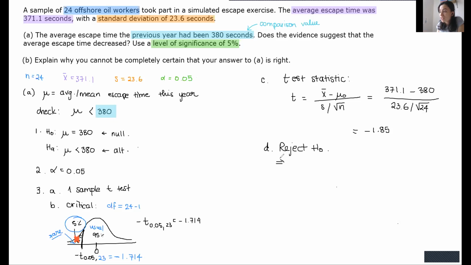And so that means that it looks like we have enough evidence at the level of significance of 5% to say that the average escape time decreased.